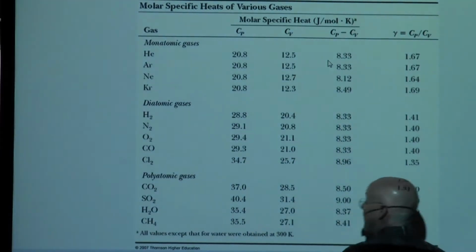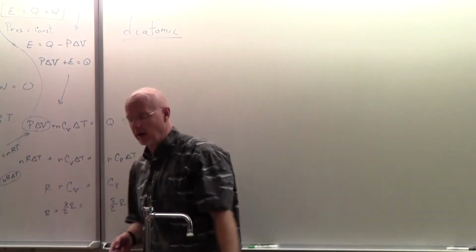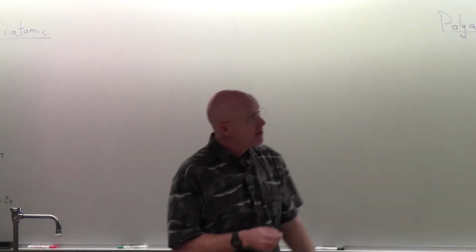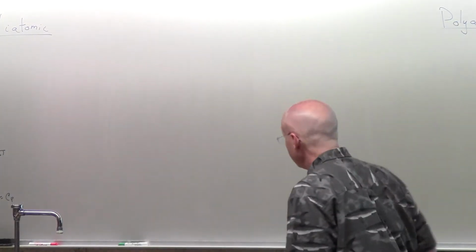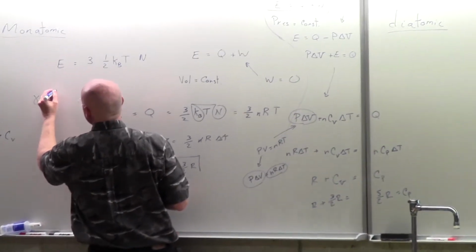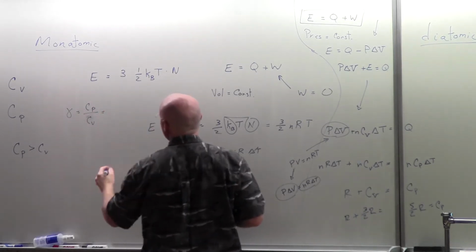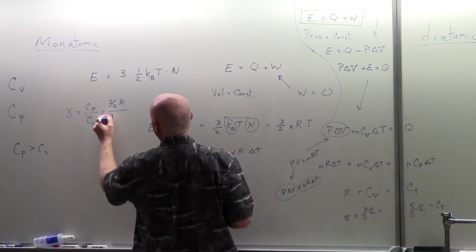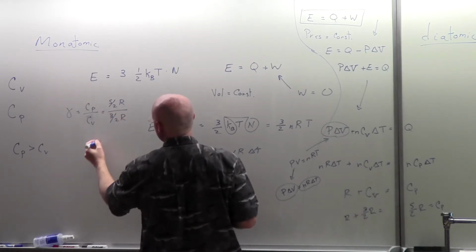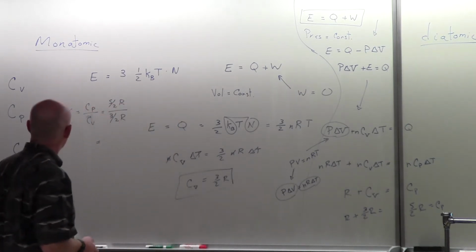We also see that the ratio of CP over CV, and I'll leave that one alone for a moment, but you see they did a ratio of it. And if I did that over here and wrote, okay, call gamma CP over CV, this would be 5/2 R over 3/2 R, which is what?